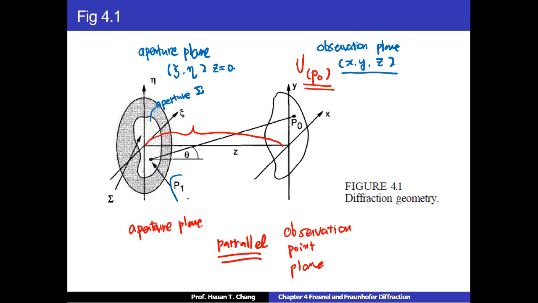So here is the case. P1 is on the aperture plane and P0 is at the observation plane. P1 at the aperture, P0 at the observation point. This is the coordinate we are going to use. The angle between P1 and P0 is given by theta, okay?